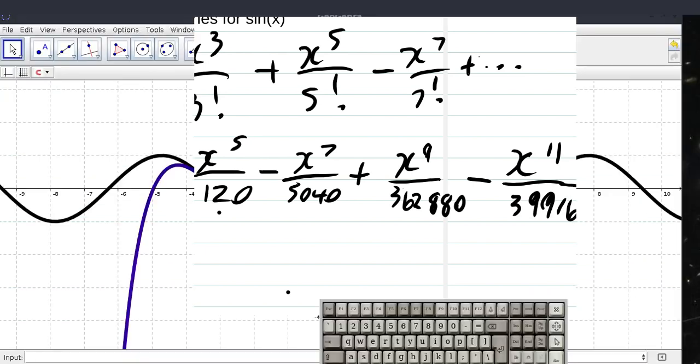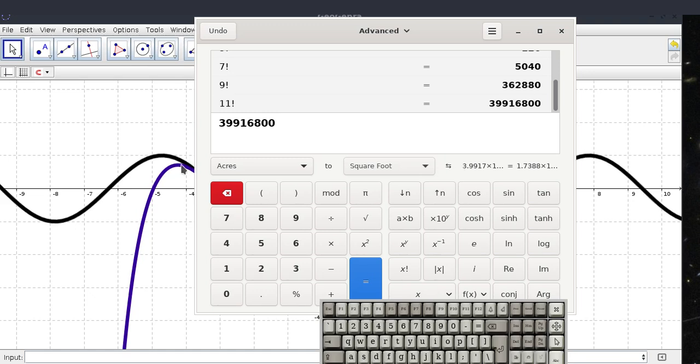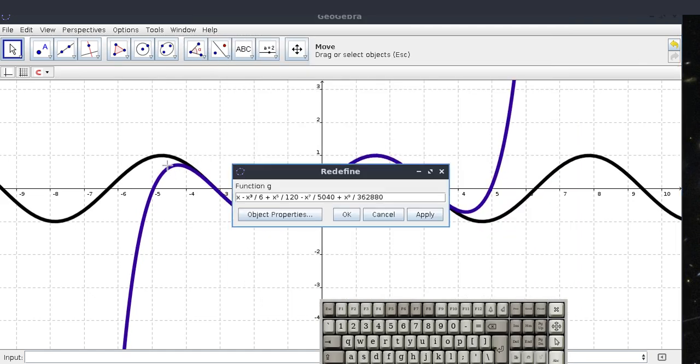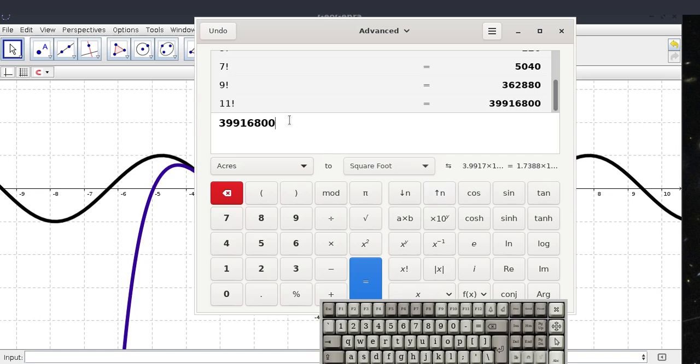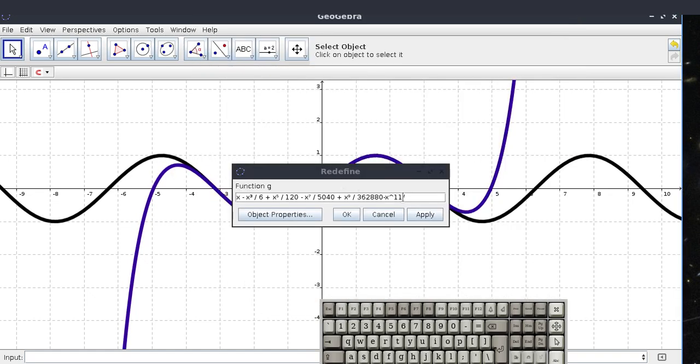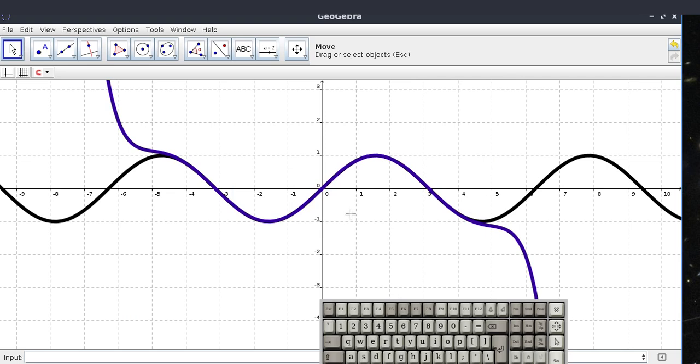So x to the 11 over that. So it's minus x raised to the power of 11 over, let's just copy and see if we can paste the number there. All right. Okay.